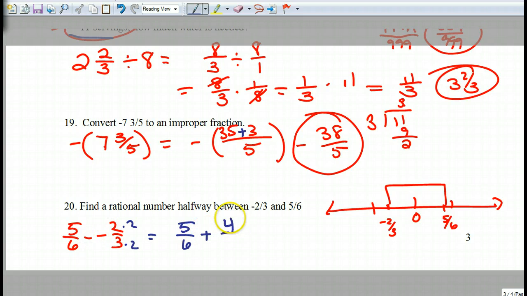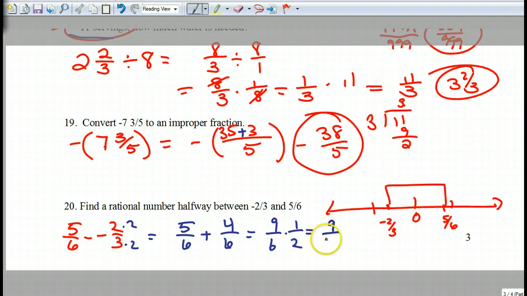It'll be 4/6. 9/6 is my answer. It is 9/6 apart from each other. Can we simplify that or no? We can, but I'm going to recommend you not do it until the very end because we're not done yet. We found the distance. We need to find the halfway point. So we're going to multiply by 1/2.